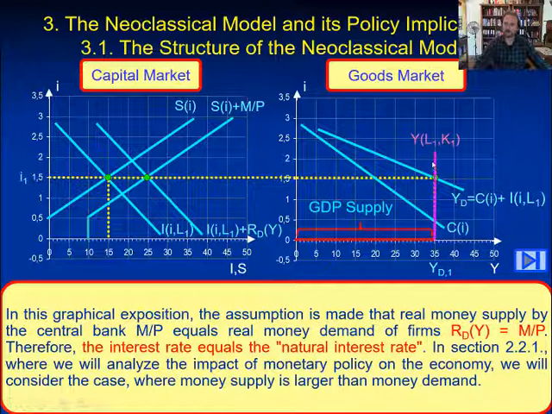Therefore, the supply curve is a vertical line on the goods market, does not depend on the interest rate but only on the production factor input, labor and capital stock. This is now the complete demand module of the neoclassical model with goods supply on the market for goods as determined in the production module of the neoclassical model.